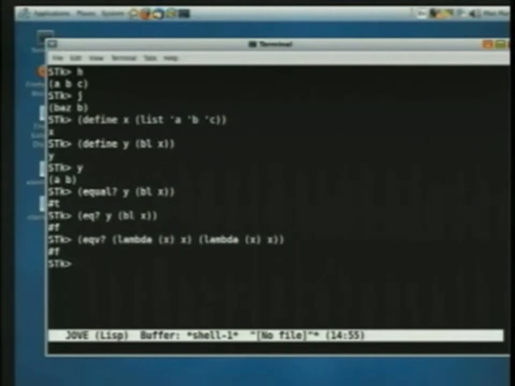Now, if these things had local variables, right? So if I had said, let count be 0, lambda of nothing, set bang count plus count 1, blah, blah, blah, twice, then EQV should return false. So in order to know whether two functions are the same function or not, you have to do some very, very careful, complicated, I'm not sure if it's even theoretically possible analysis.